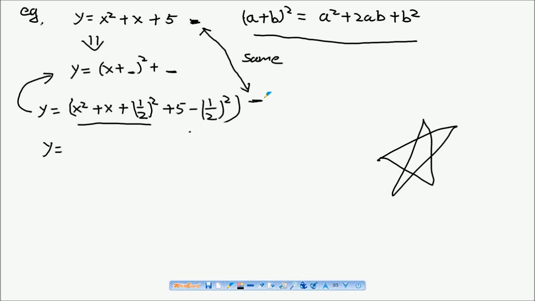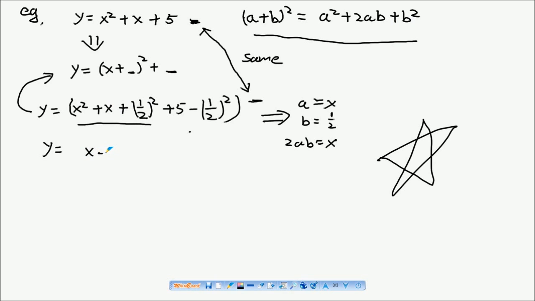In this graph, your a equals x, your b equals half, and we look at the middle part. 2ab will be x, which is here. They are all the same. These three terms match with these three terms there, so I can just transform it.